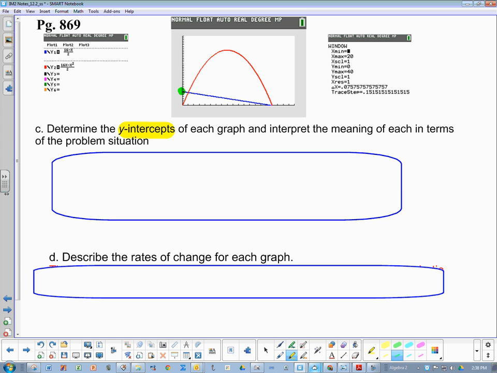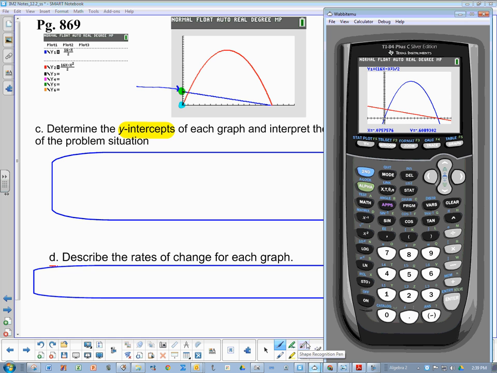This green little highlighted region, that's going to be where the y-intercept is, and this little blue region is where another y-intercept is. So I would say that this point here, if you were to graph it and find out what that is, well, you know what? Let's do that for a moment. Take a look. This is pretty easy.